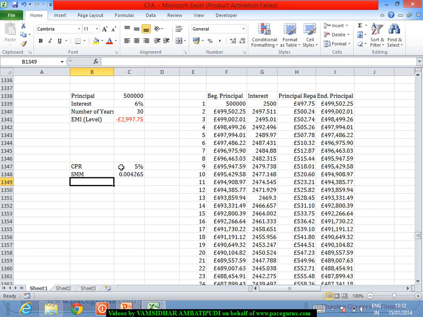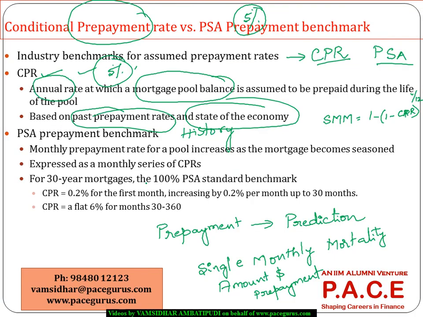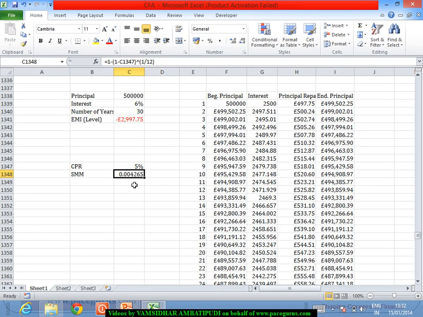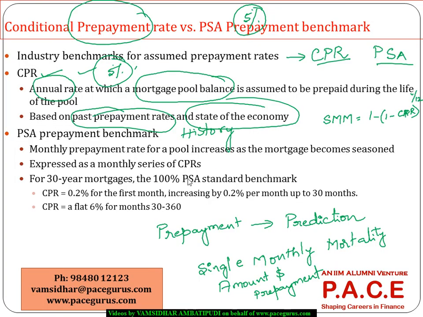So on a monthly basis, I can expect around 0.42% of the principal outstanding to be prepaid. This is the SMM factor that I am trying to find out for each of the months. With a CPR of 5%, the SMM comes out to 0.4265%, and that is how I use the CPR to predict how much could be prepaid.